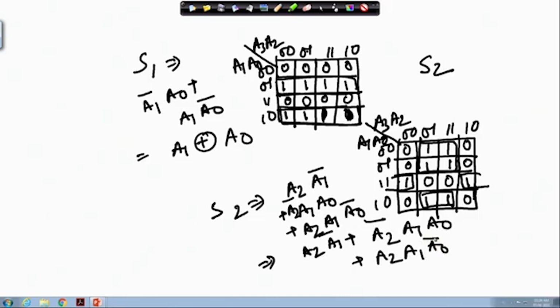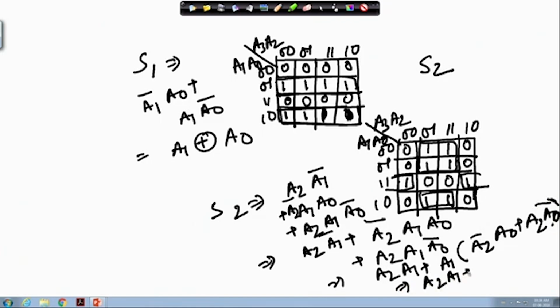Now again if I make these things common, then I can write A2 A1 plus A1 into A2 bar plus A0 plus A2 into A0 bar. This is A2 A1 plus A1 into A2 XOR A0.